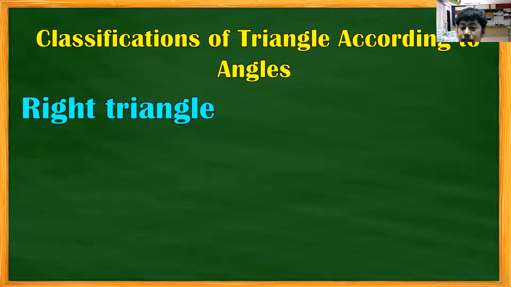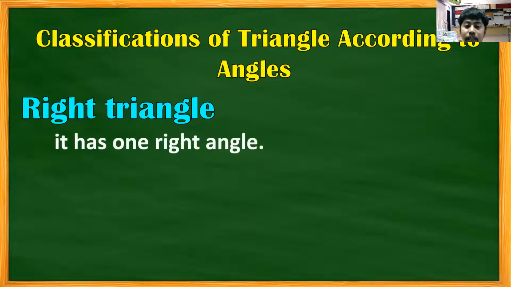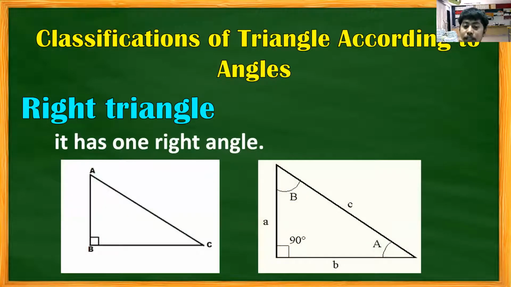Next is what we call a right triangle. What is a right triangle? It has one right angle, a triangle in which one of its angles is right or measures 90 degrees. Just like this one, triangle ABC with one of its angles measuring 90 degrees.